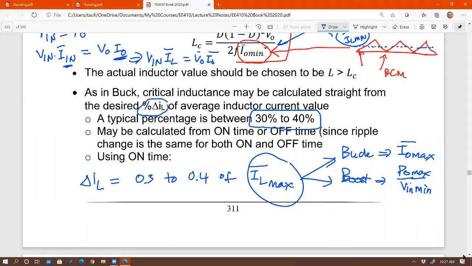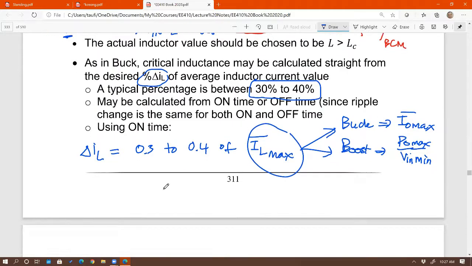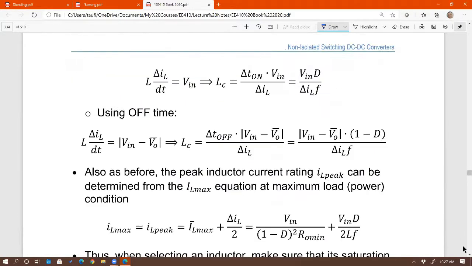Okay. Now, once you determine delta IL, then use VL equals L dIL/dt. Very simple method. See that? All you need to do is go back to this basic equation that VL equals L dIL/dt. For a boost, when the switch is on, the voltage across the inductor is V in.